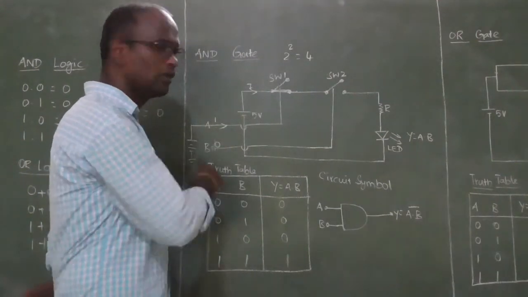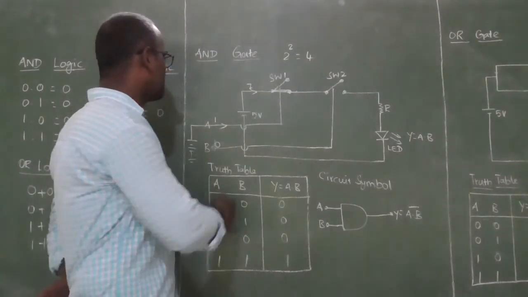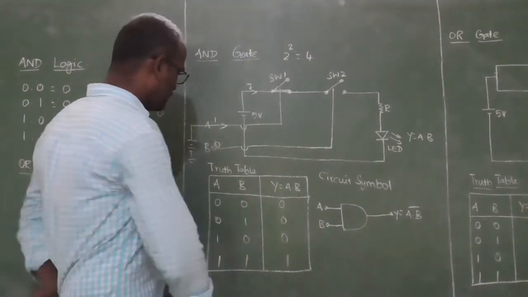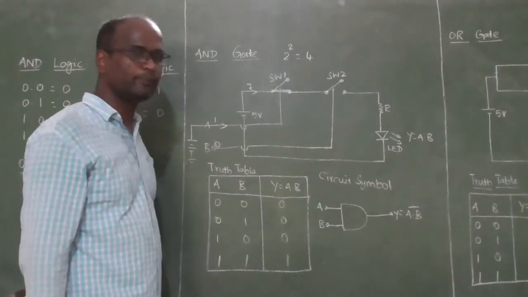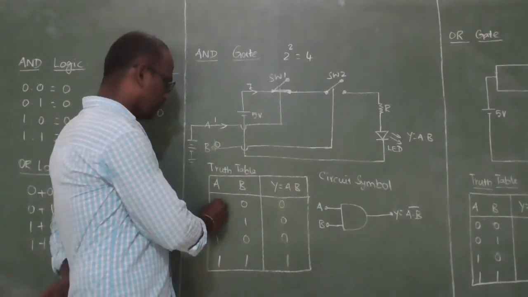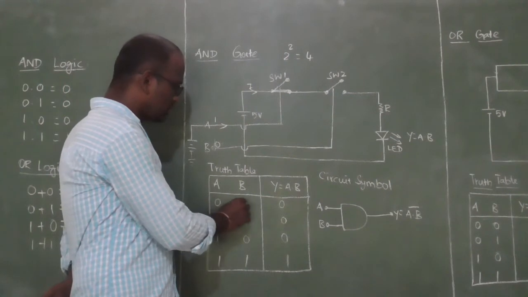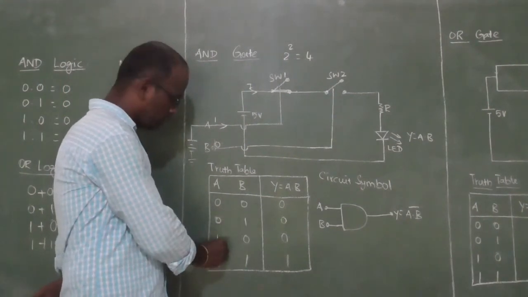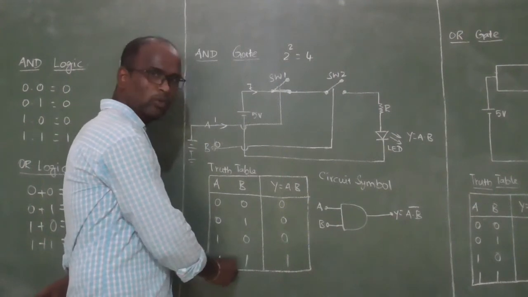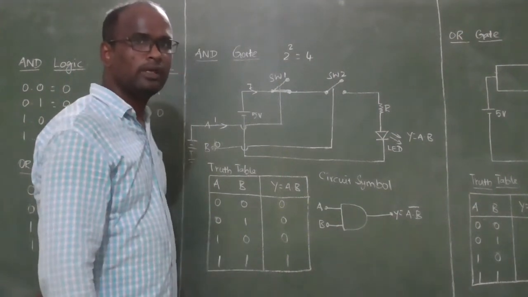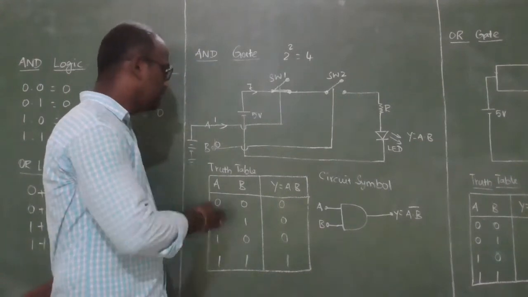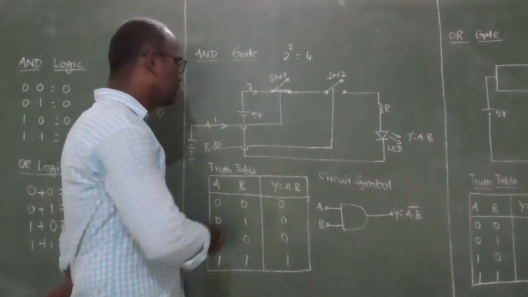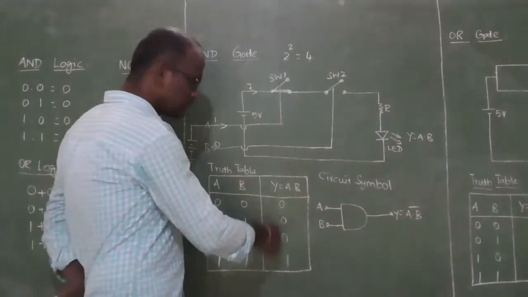Since there are 2 input pins, we can apply 4 combinations of inputs. They are written in this table. First combination of input is 0 and 0. Next combination 0 and 1, and 1 and 0. Finally 1 and 1. By applying these inputs one by one, we get the corresponding output like this.